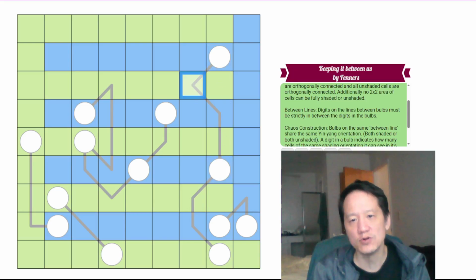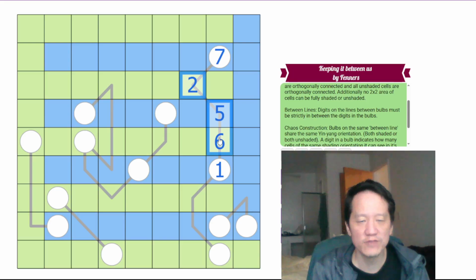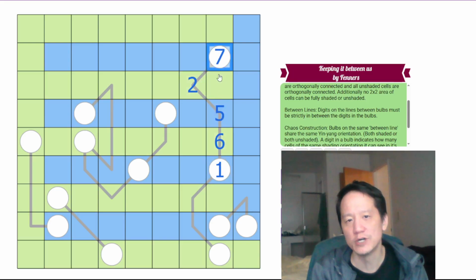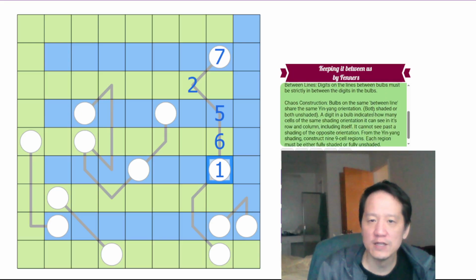For example, you could have 2, 5, and 6, and this could be 7, and this could be 1. All three of these digits must be between 1 and 7, which are the digits in the bulbs. And that's the between lines rule set.